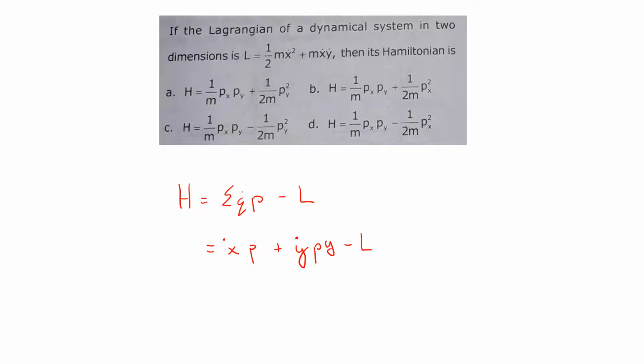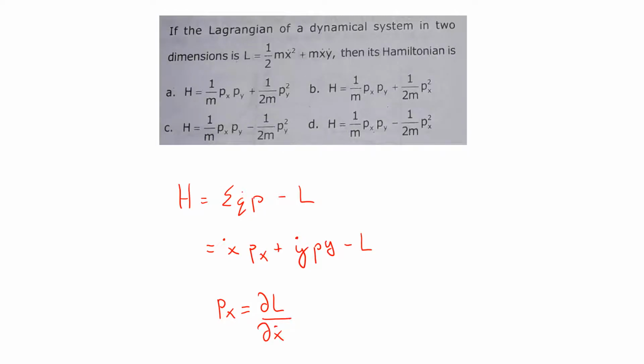Now we can of course compute the conjugate momenta using the formula that it is the partial derivative of the Lagrangian with respect to x dot.